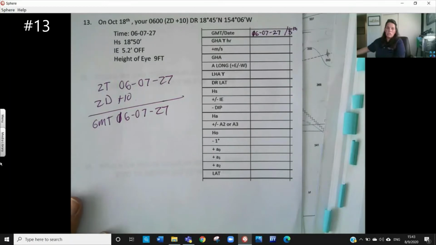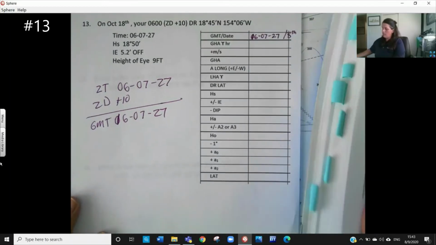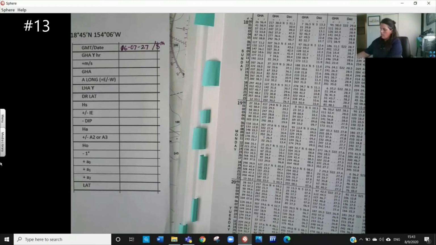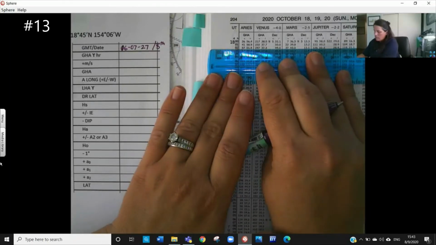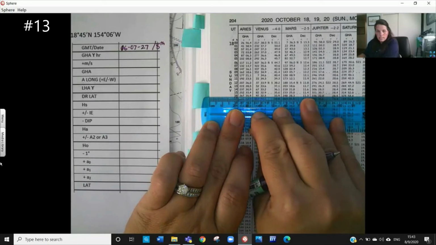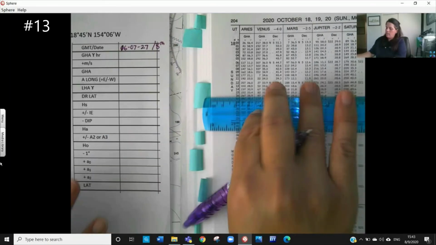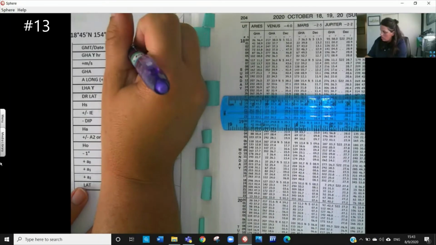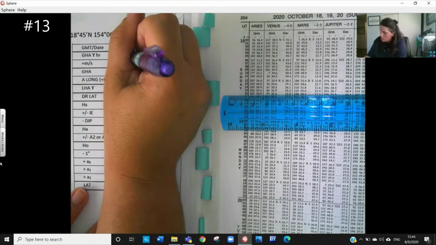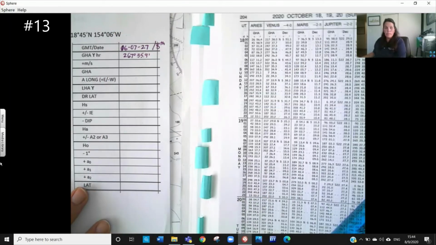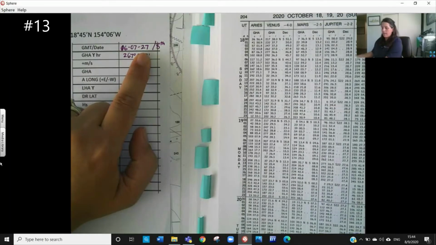So we go to October 18th in the almanac. Under GHA, we're looking for 16. So we get 267 35.9. For minutes and seconds, we're at 727.